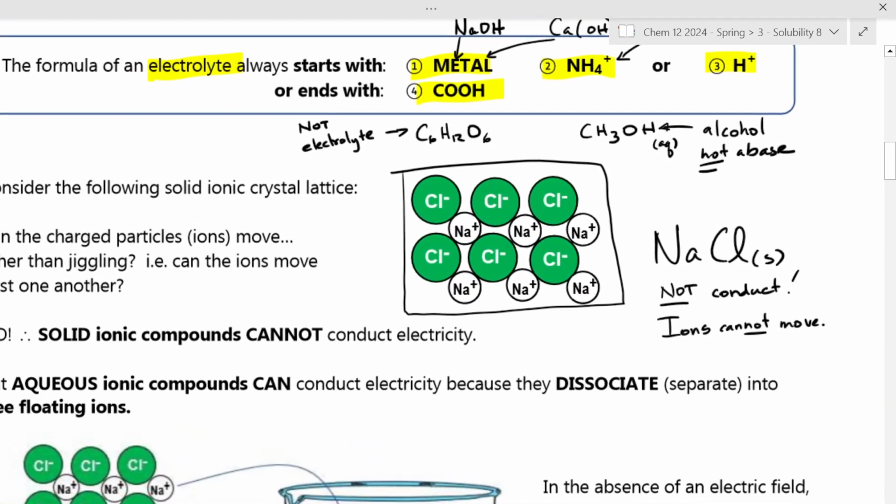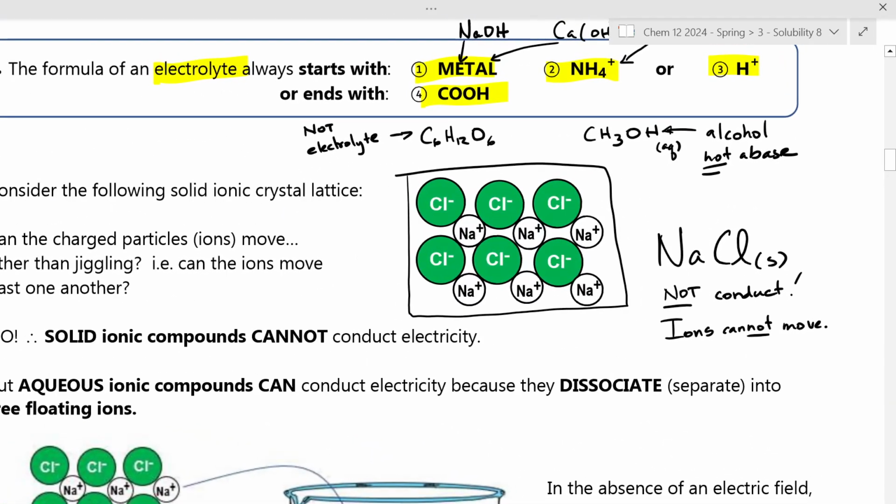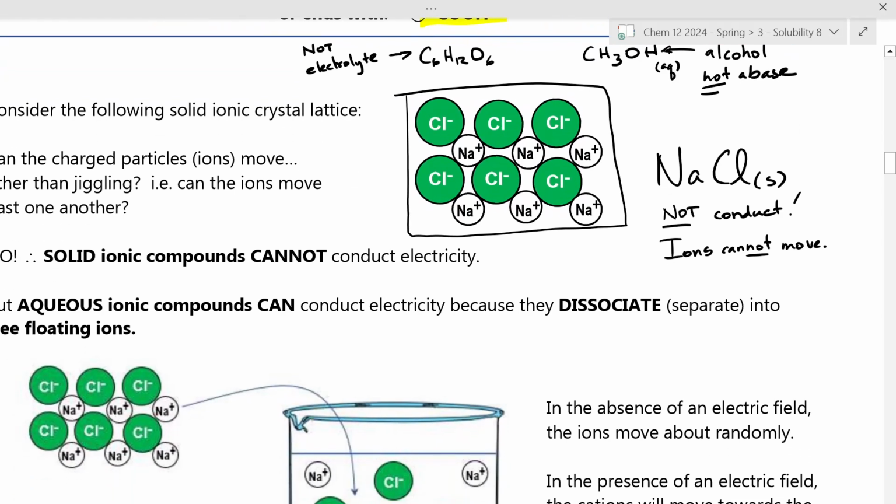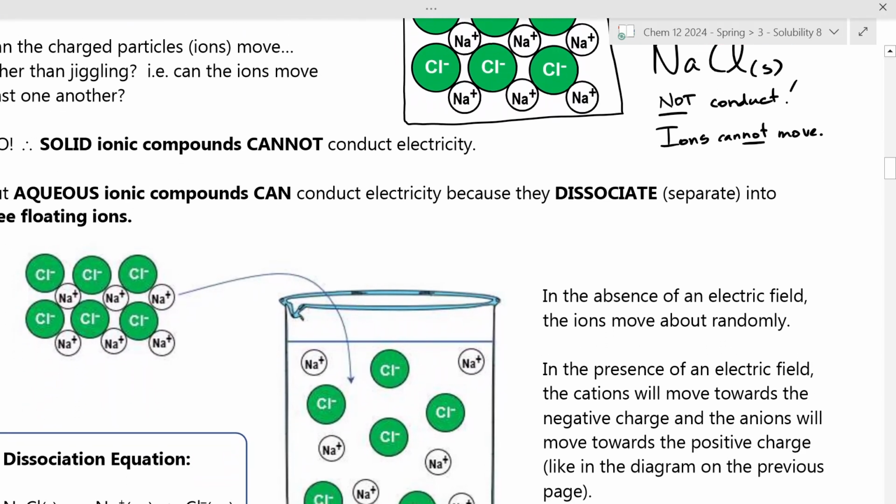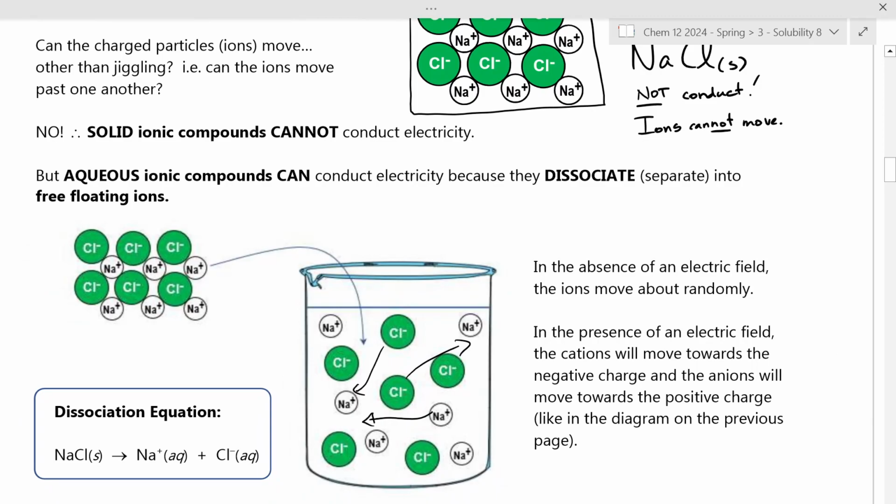Okay. So the ions cannot move, but the moment we throw this thing into the water, what are the ions able to do now? Move wherever they want to, really. So in the absence of an electric field, they just move about randomly.